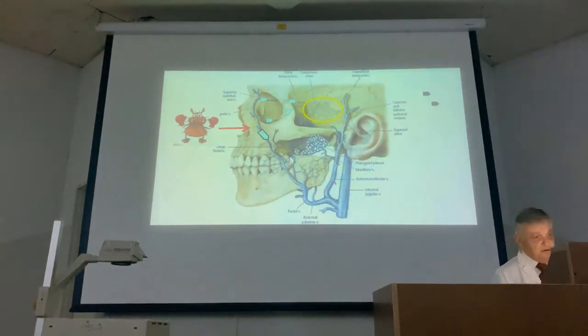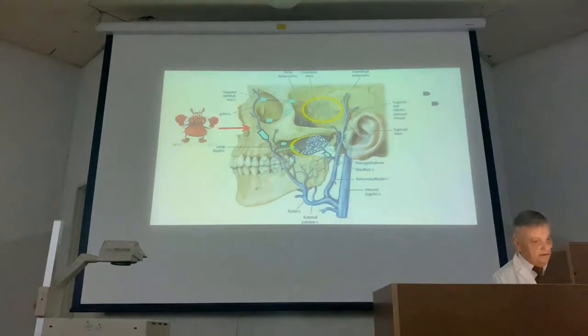If bacteria don't follow this way, they go along the facial vein. The facial vein comes from the angle of the eye, going towards the angle of the mandible. Branches of the facial vein go deep into a plexus called the pterygoid plexus, or veins around the pterygoid muscles in the infratemporal fossa.